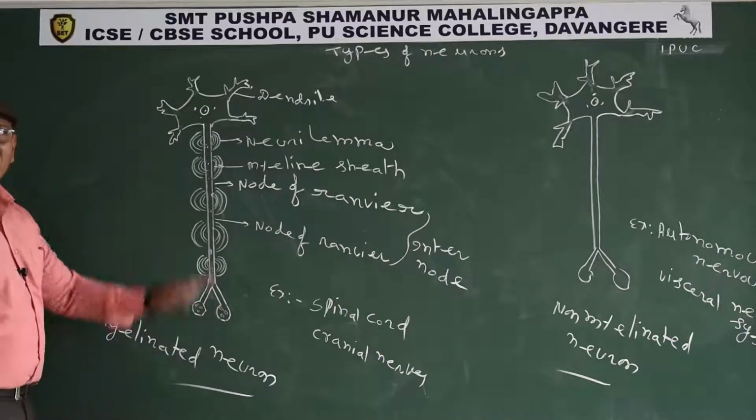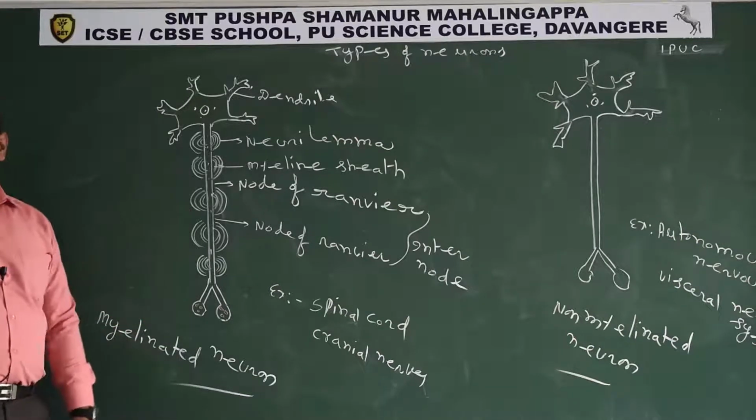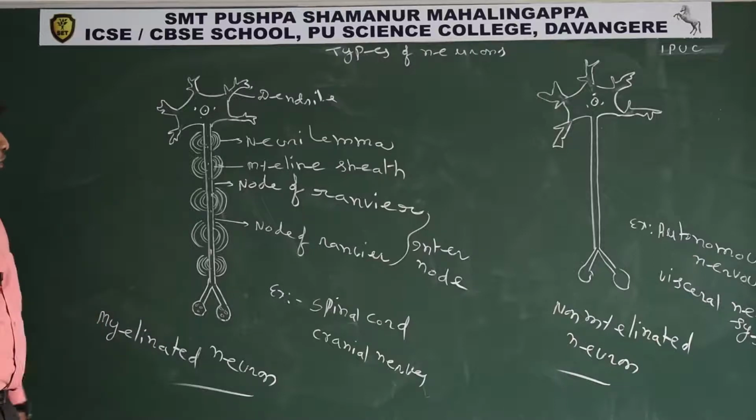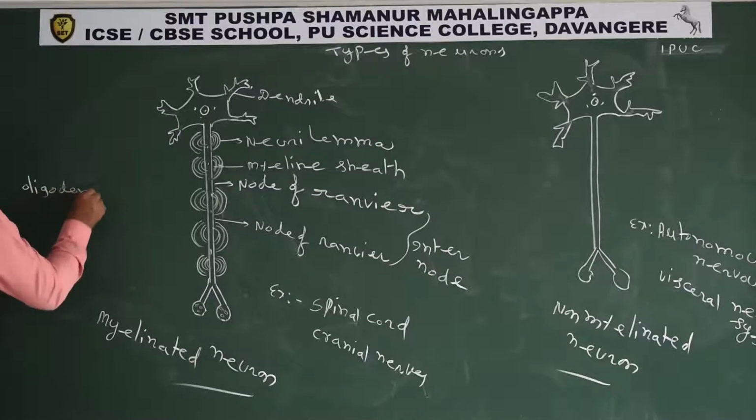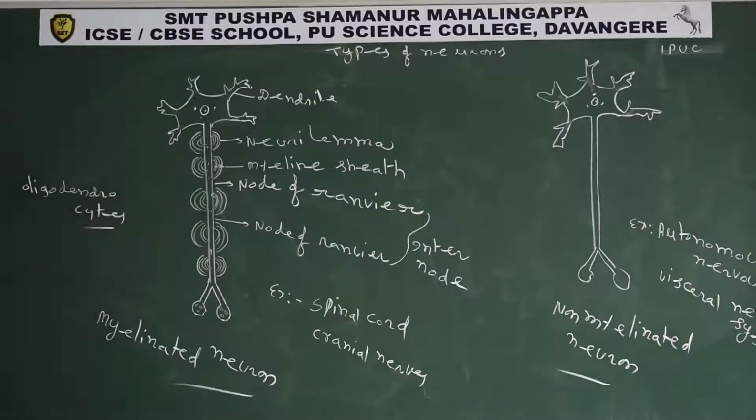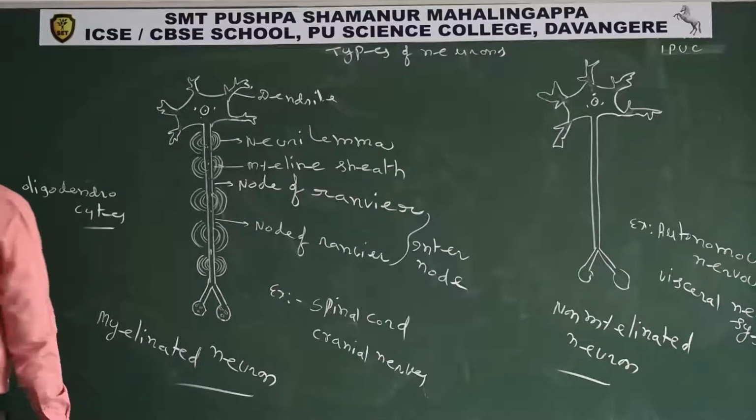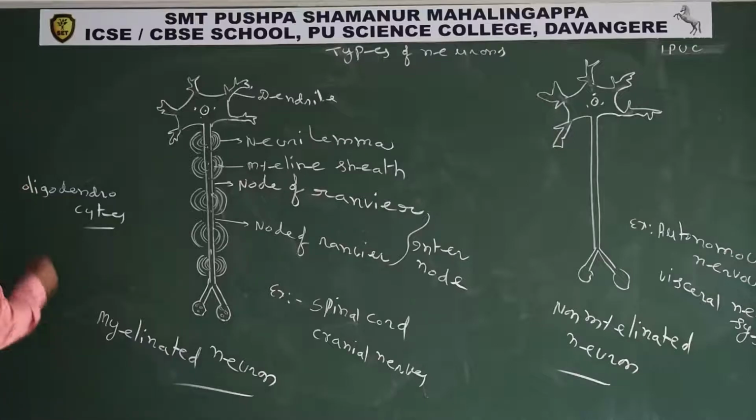If a neuron is covered by myelin sheath, it is known as a myelinated neuron. In the central nervous system, oligodendrocytes secrete myelin sheath around several axons.